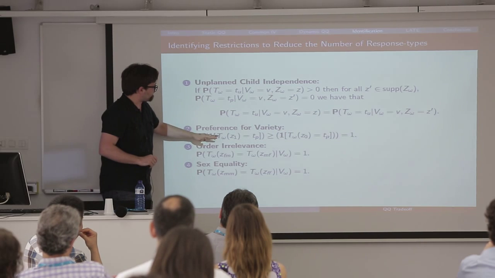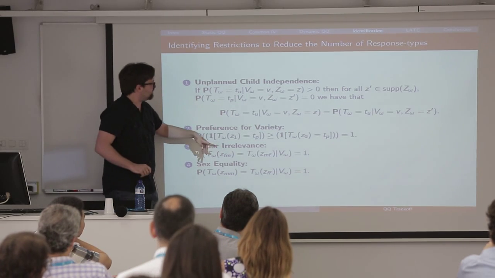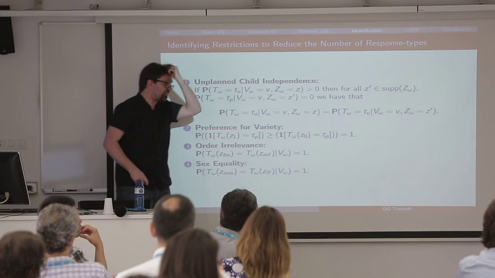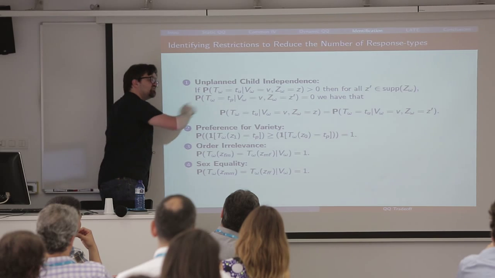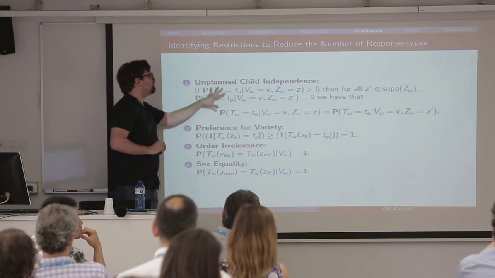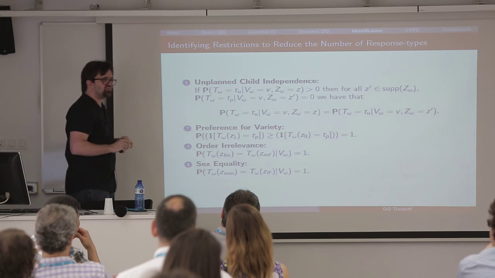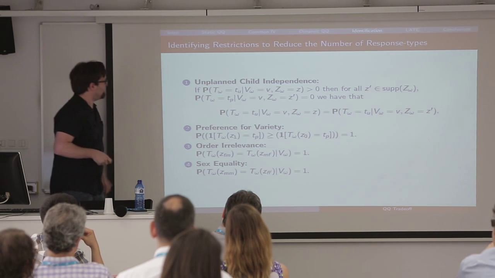And then we also make the standard restriction of preferences for variety. So what happens if you relax that assumption? You lose identification. Well, even with this assumption, we don't have identification. We are going to be able to derive some bounds. So if we relax this one, things get a little bit difficult. We're working on it, but this one is key for now.